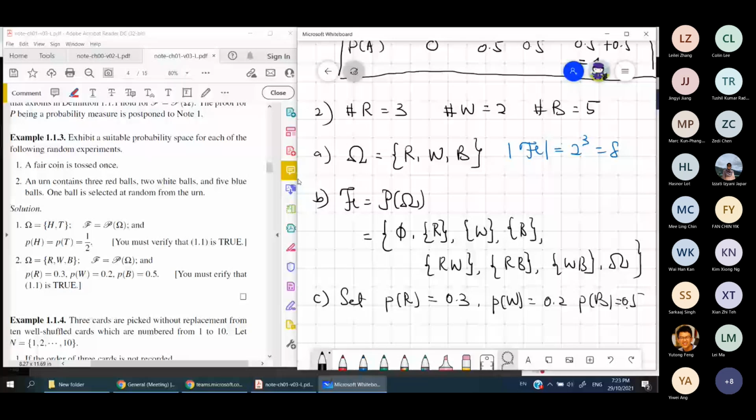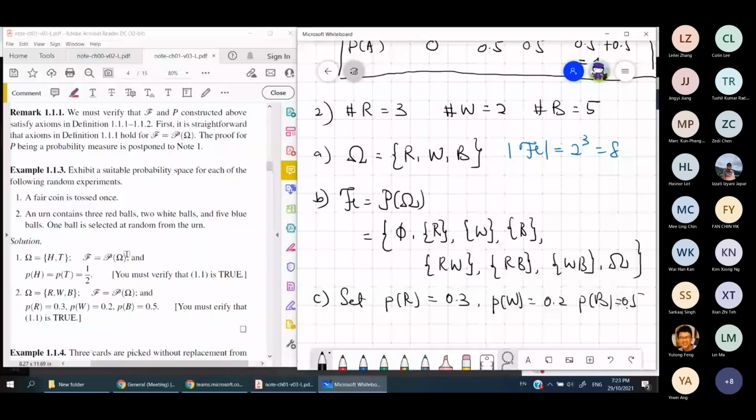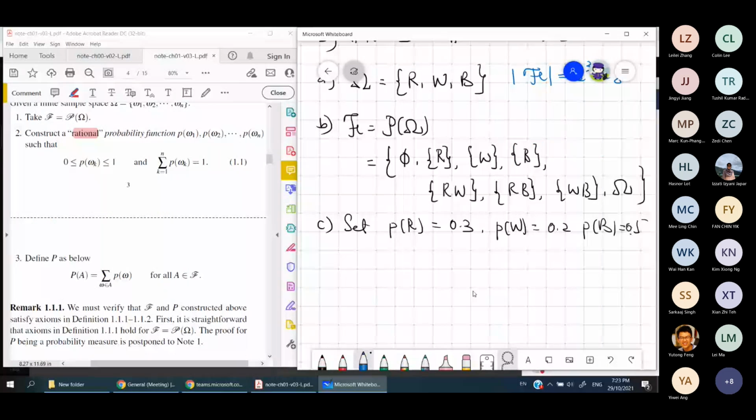Next, we need to verify and make sure it fulfills these properties here. Clearly, all these are between 0 and 1, for Omega equal to R, W, and B. Also, we have to make sure that if we sum all the numbers, we get 1.